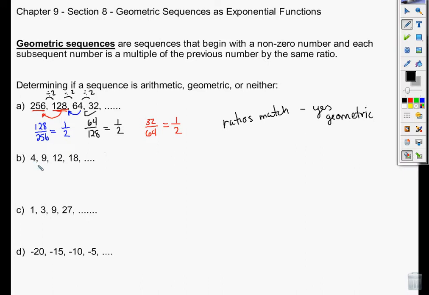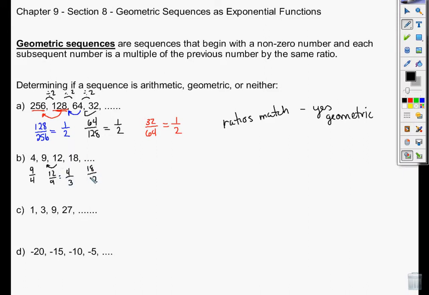Okay, to go from 4 to 9, is there anything I can multiply 4 by to make it a 9? Well, we check. If I do 9 over 4, does that reduce to anything? If I go 12 over 9, that actually would reduce to 4/3.